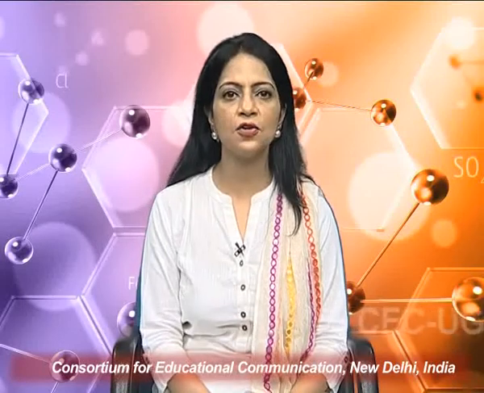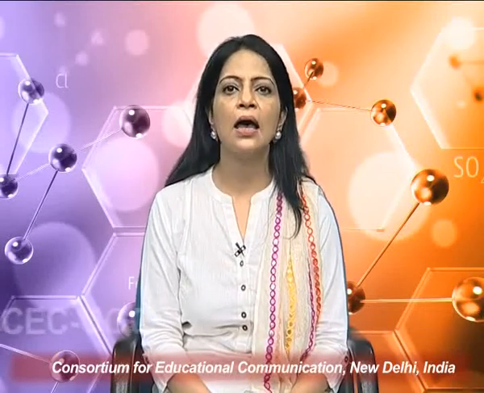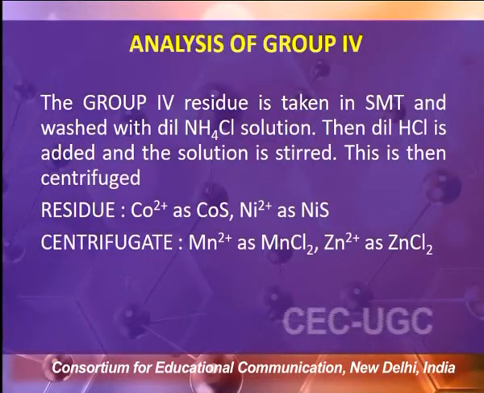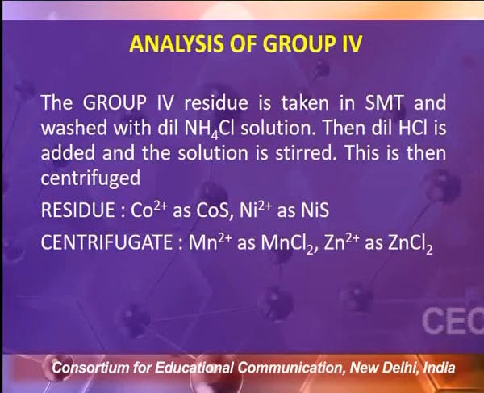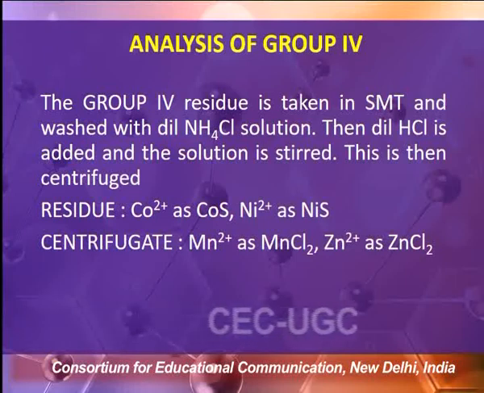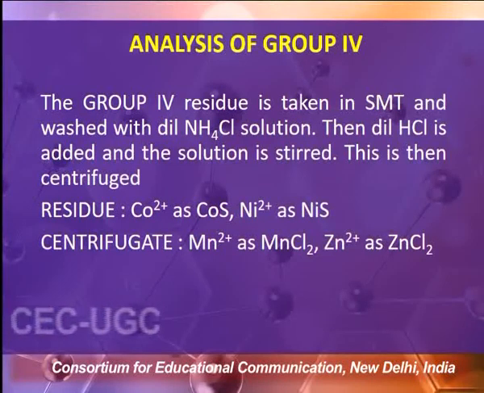And in the centrifugate, we will be testing for manganese and zinc, because the centrifugate contains manganese and zinc in their soluble forms as manganese chloride and zinc chloride. So dilute HCl is the reagent which is separating cobalt and nickel from manganese and zinc.